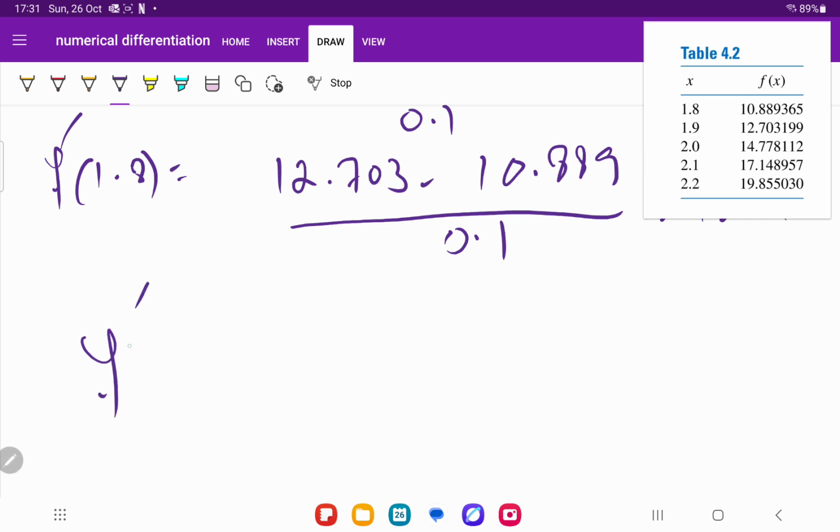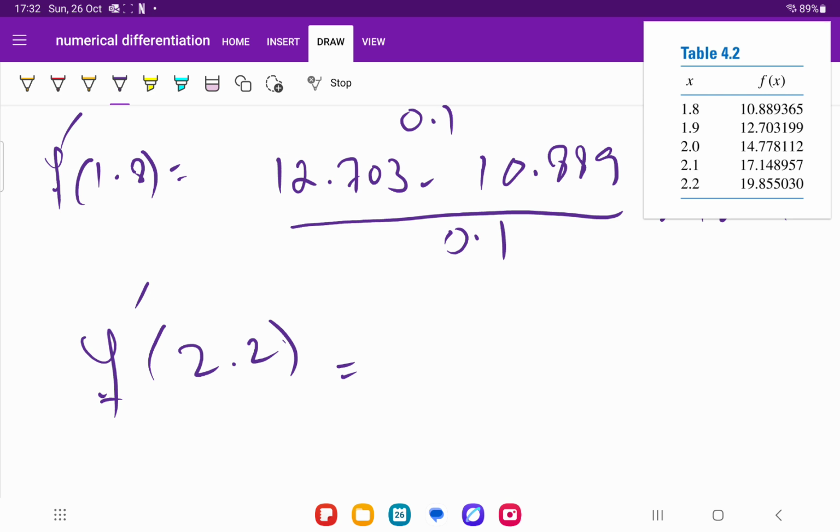Now, for example, I would like to calculate the derivative at 2.2.